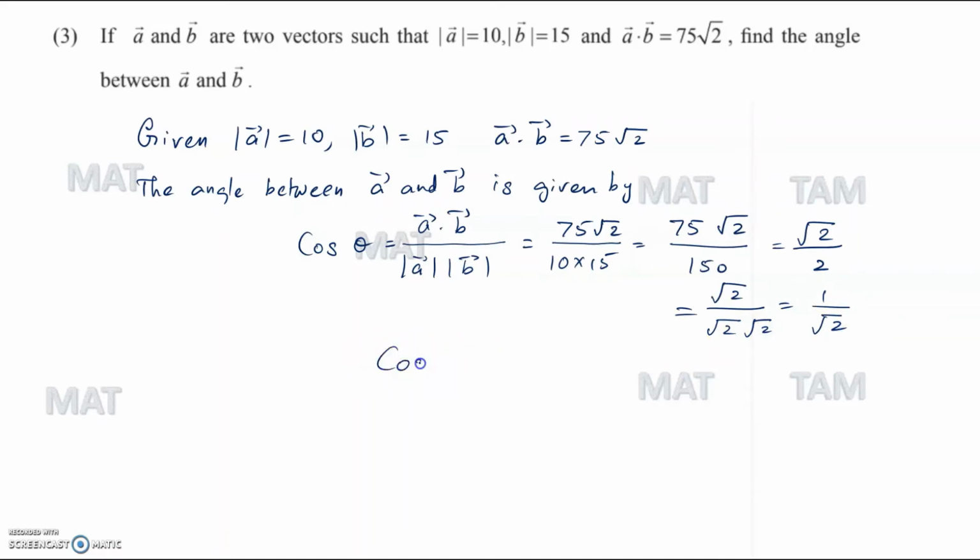So we have our cos theta is equal to 1 by root 2, which implies our theta is equal to cos inverse of 1 by root 2, which is equal to pi by 4.